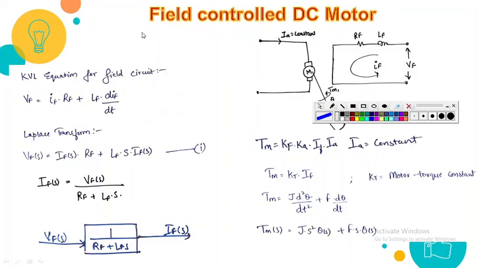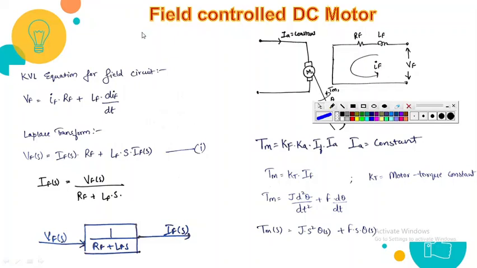Then also my torque will change. ठीक है, जो पहली चीज़ थी कि torque is proportional to field flux and armature flux, so we can either vary the field flux or we can vary the armature current. There we varied the armature current, but if I want to keep the armature current constant and vary the field current, then also we'll have a control system.